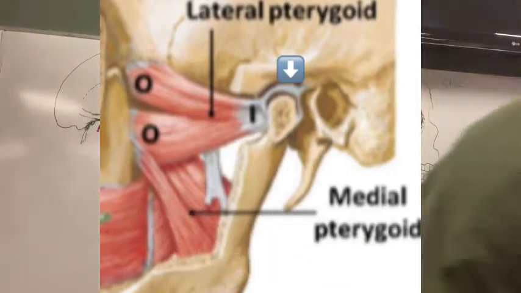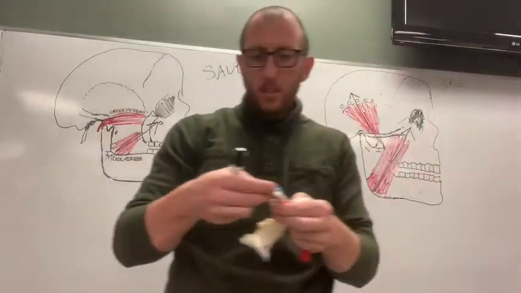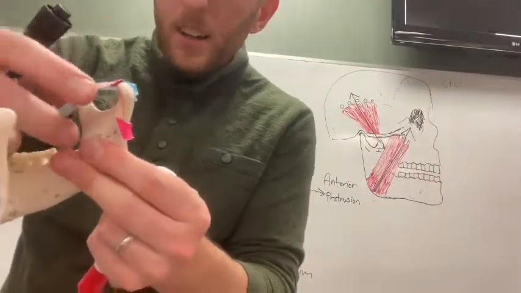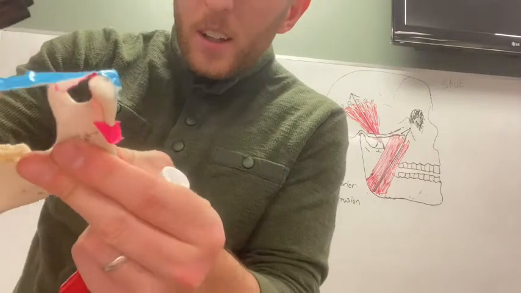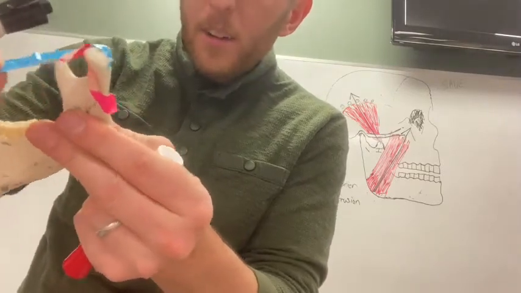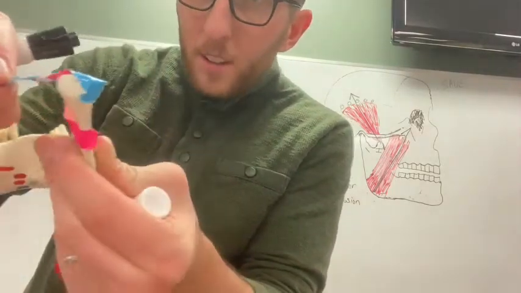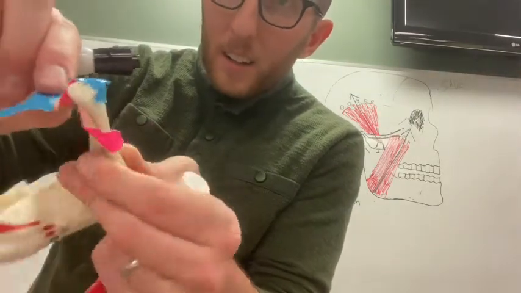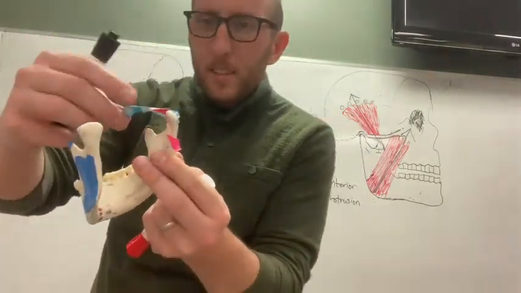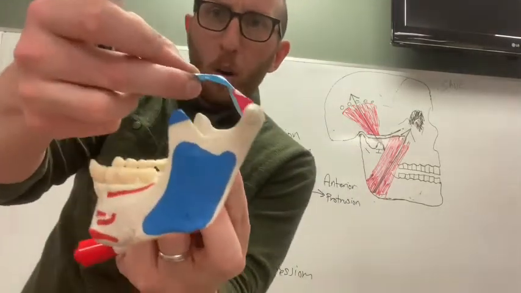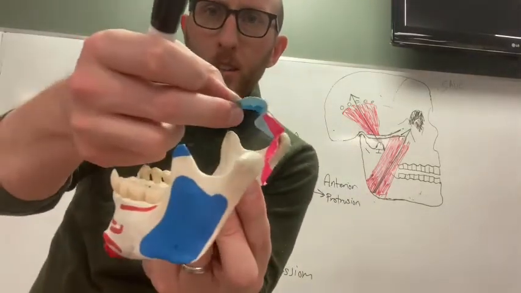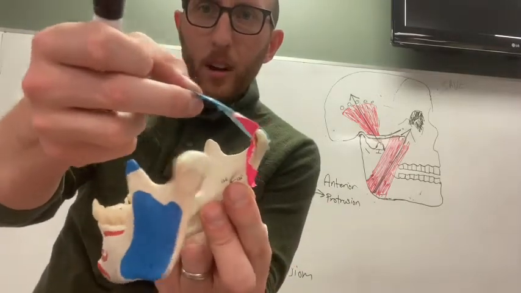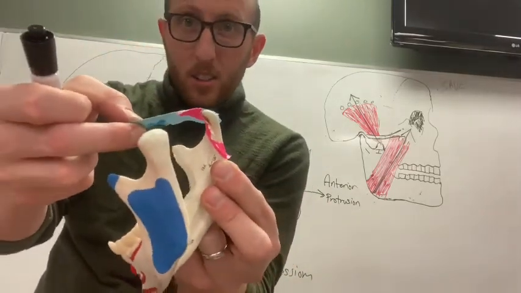So if I had this mandible here, and this was the lateral pterygoid coming across, see how it wraps behind the head of the mandible right here? Wraps around. What that's going to do is when I pull this, see when I pull this, the mandible goes into depression.